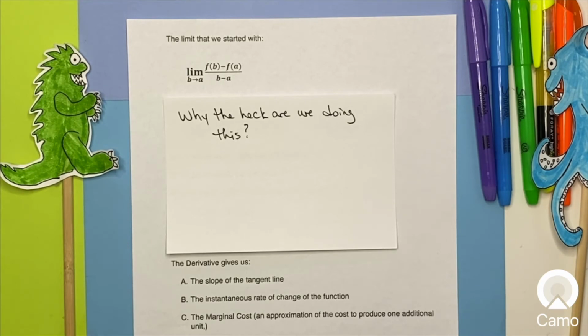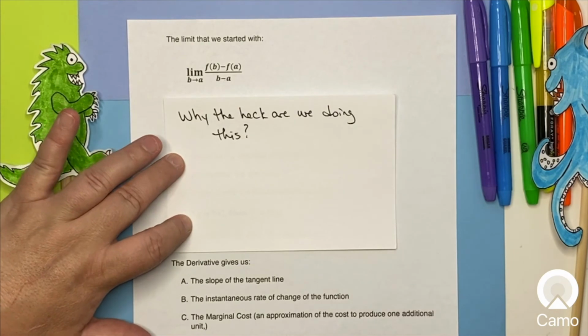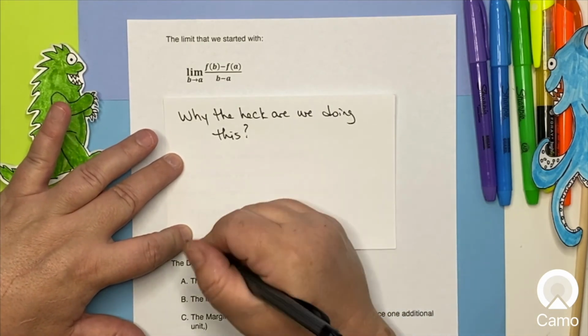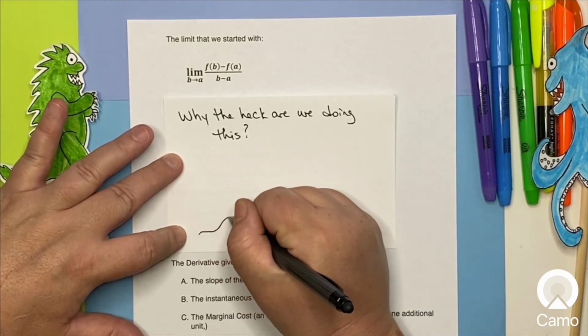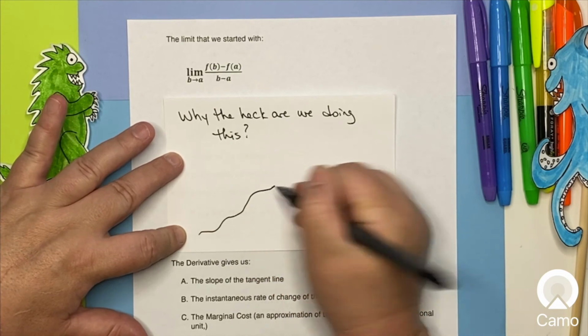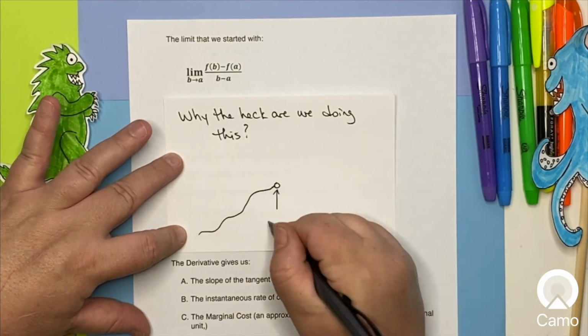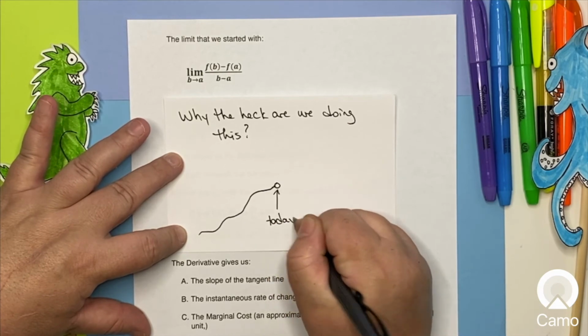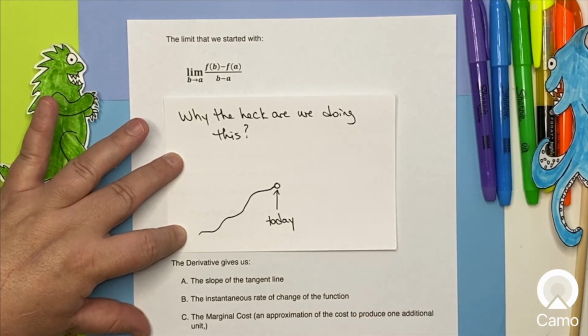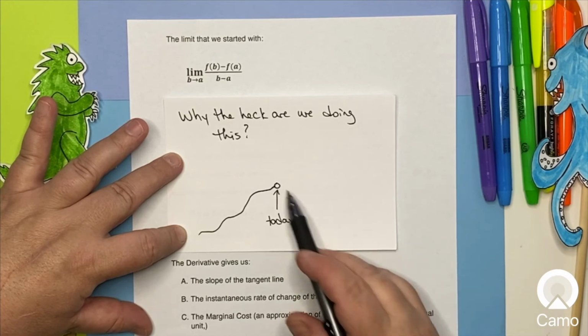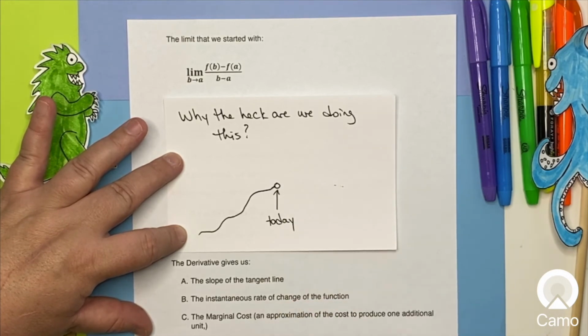Why is that? Well, if you are looking at the stock market, and let's say the stock market ended here today, and you wanted to guess where it is going to go in the future.